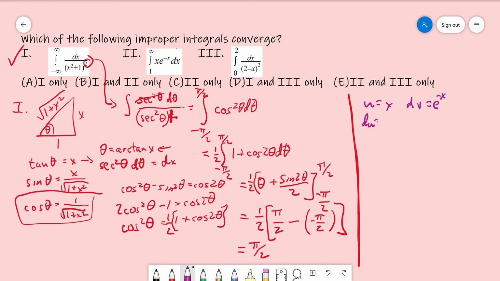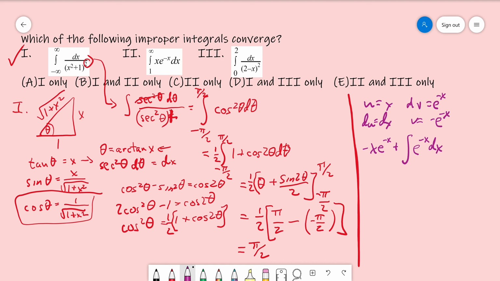Then du is equal to dx, and v is going to equal negative e to the negative x. And remember, with integration by parts, the integral of u dv is going to equal uv, which is negative x e to the negative x, minus the integral of v du, so that's negative and negative, we're going to make a positive e to the negative x, du, which is dx.